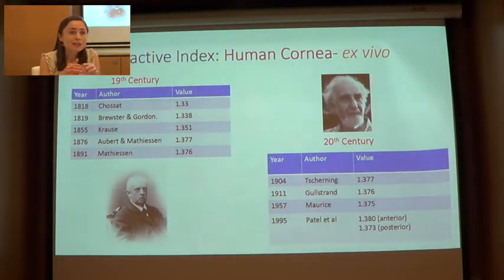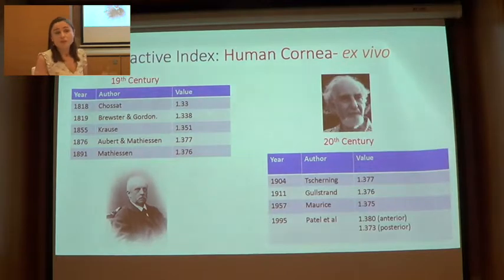But first, let's turn our look to the refractive index of the cornea by itself. It is a very important factor of the eye and influences the whole refraction. Incredibly little is known about it in the literature, and all refractive index estimates which were achieved in the 19th century are shown on this slide.